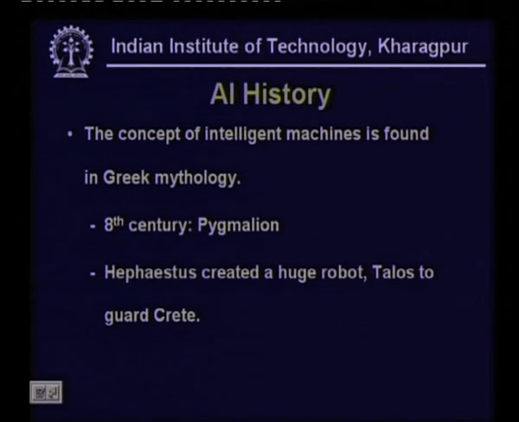The concept of intelligent machines is found in Greek mythology. In the 8th century, Pygmalion is credited to have asked the goddess and obtained an ivory statue of a woman built after the fashion that he liked.